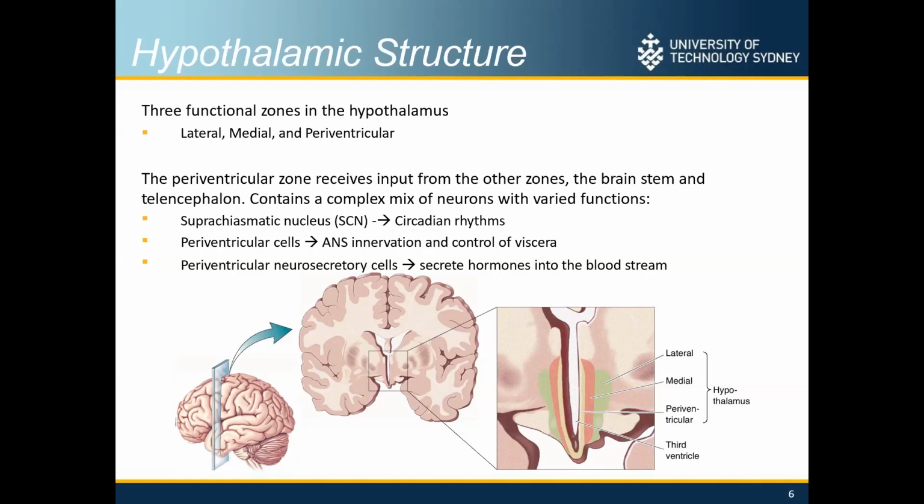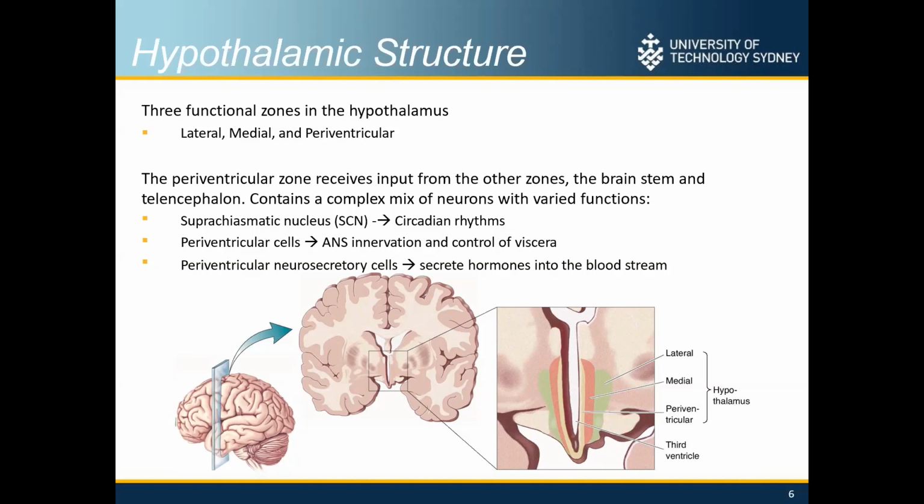And the periventricular area contains neurons with varied functions, including the suprachiasmatic nucleus that plays a role in modulating our circadian rhythm. We also have the periventricular cells that modulate the response of the autonomic nervous system, and also play a role in modulating our control of the viscera as well.